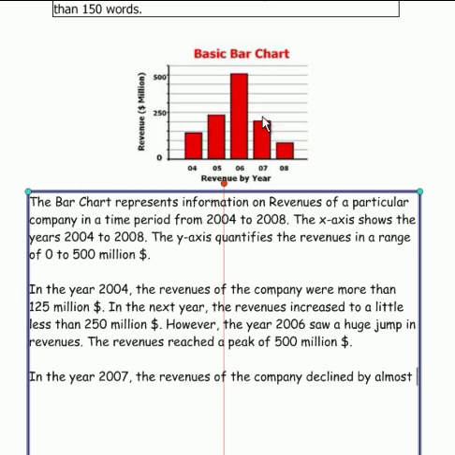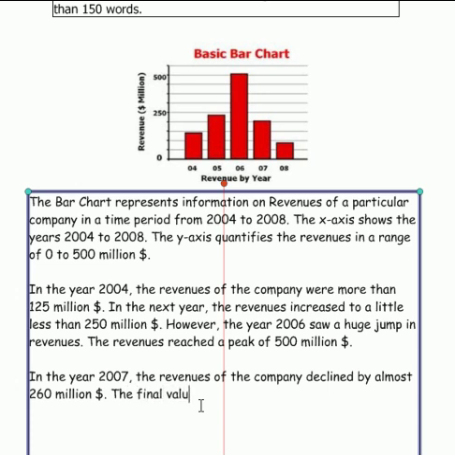So 500 minus 230 would be around 270 or 260. So we can say by almost $260 million. Now we're using the word almost because we are not completely 100% sure. So we can use the word almost or approximately.